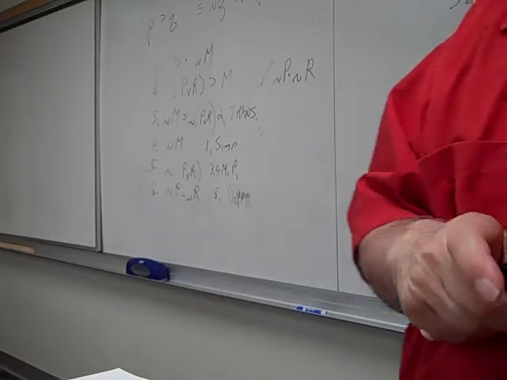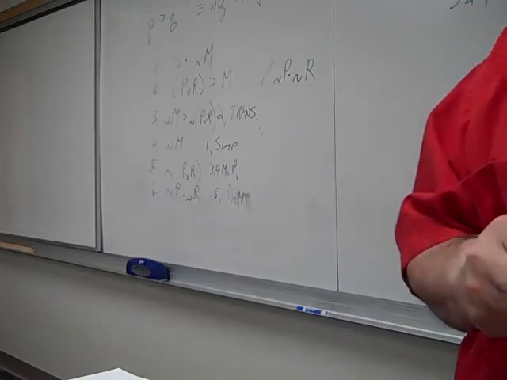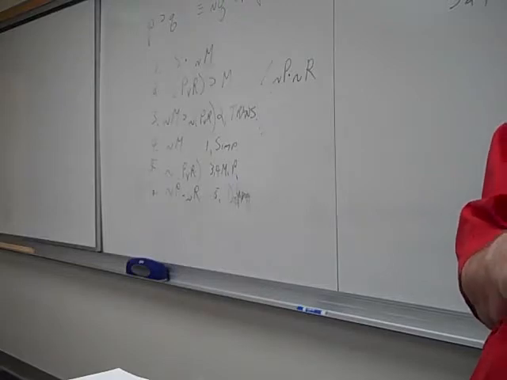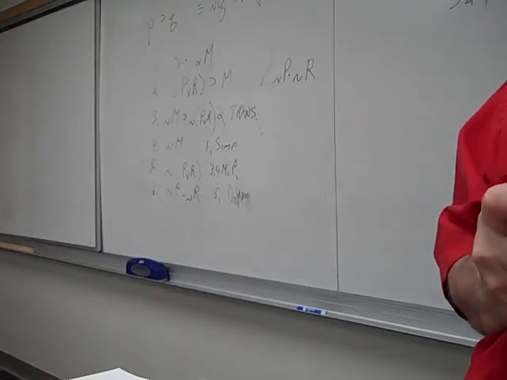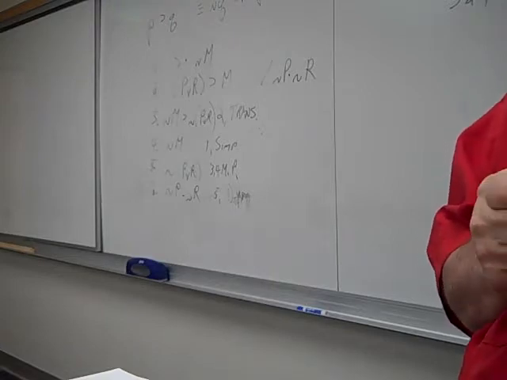So you end up with if P, then Q. Remember, that's not going to work. It would have been right if you had ended up with if Q, then P. That would have been fine. See how that works?